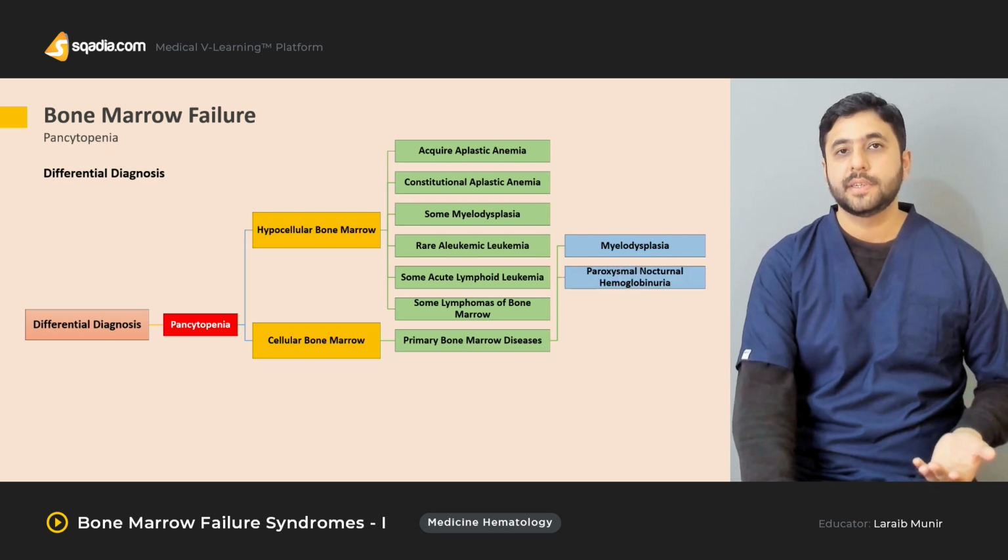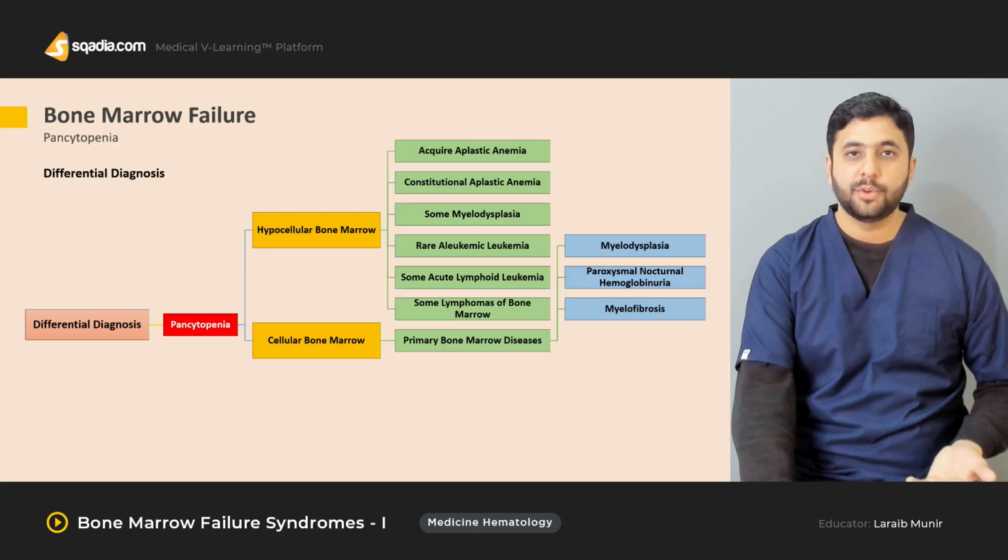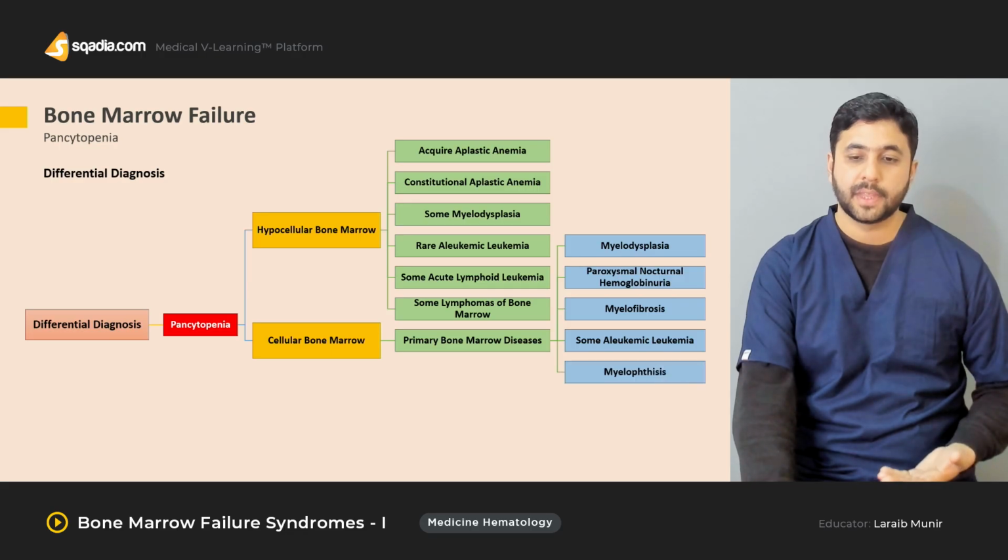Then a condition which we discussed in our previous lecture, paroxysmal nocturnal hemoglobinuria, is also a primary bone marrow disease, and it also presents with pancytopenia. Certain types of myelofibrosis, in which the bone marrow is replaced by fibrous tissue. And then again, certain rare aleukemic leukemias also have a cellular bone marrow picture along with pancytopenia.